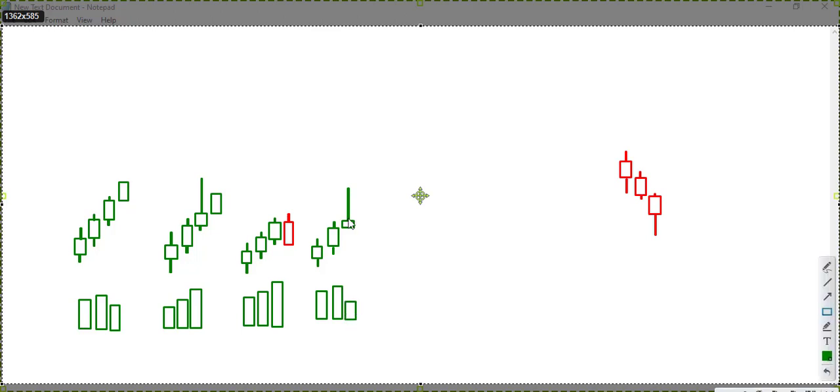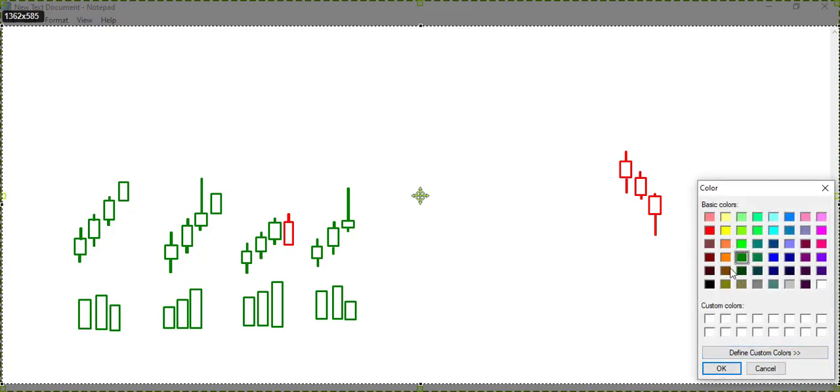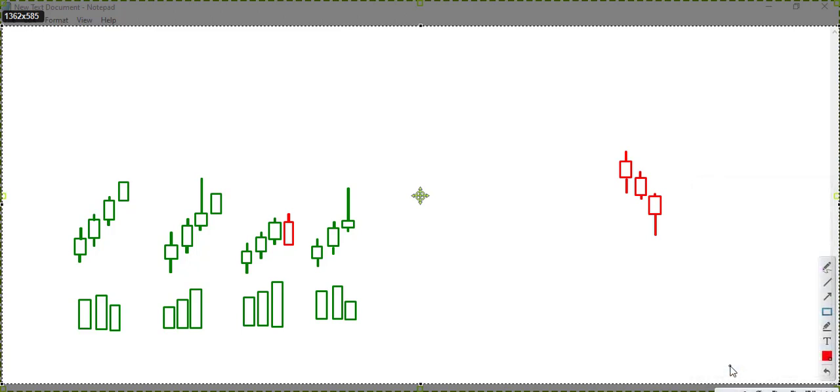Here the upper wick is very large and the volume is very low. So now the next candle falls down, from here. So this is the situation: candle wick length and the volume condition.